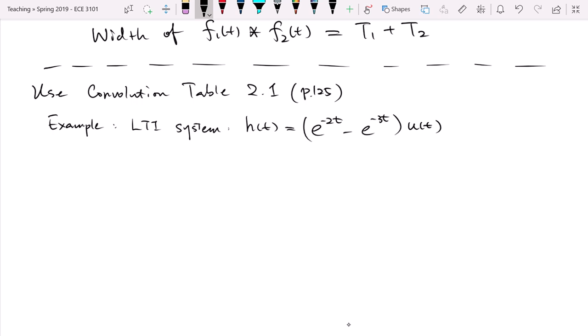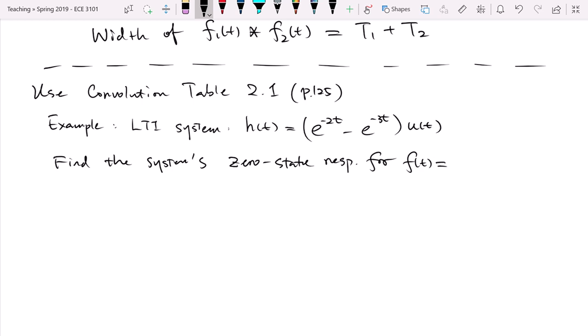And I want to be able to find the system's zero state response for f of t equal to 1 plus e to the negative t u of t. Alright?